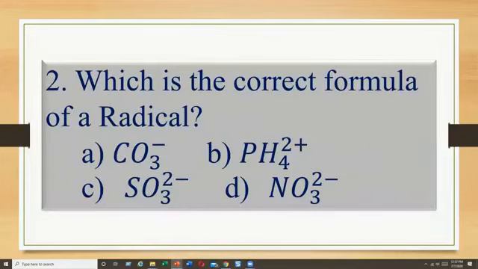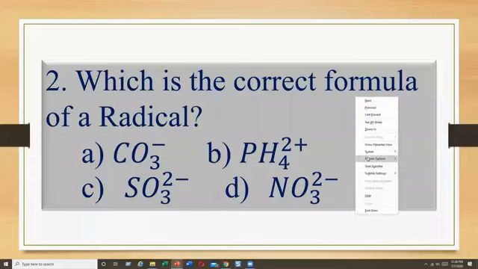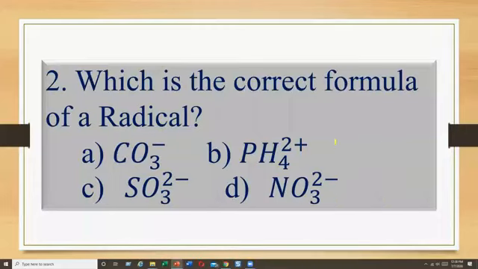Which is the correct formula of a radical? C. C is the right answer. What is the name of this radical? Sulfite.